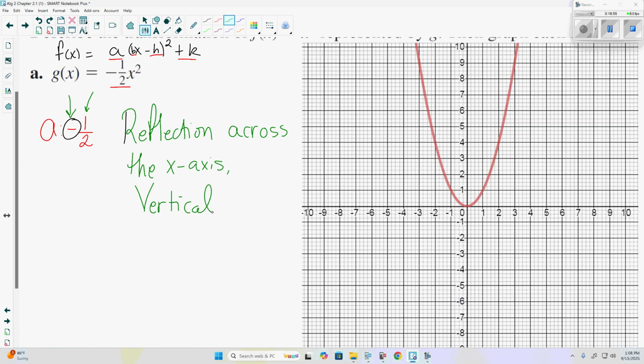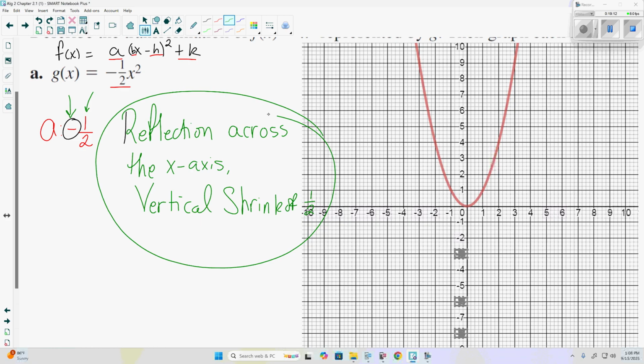Now the question is, is 1/2 greater than 1 or between 0 and 1? Between 0 and 1, so it would be a vertical shrink of 1/2. That's it.